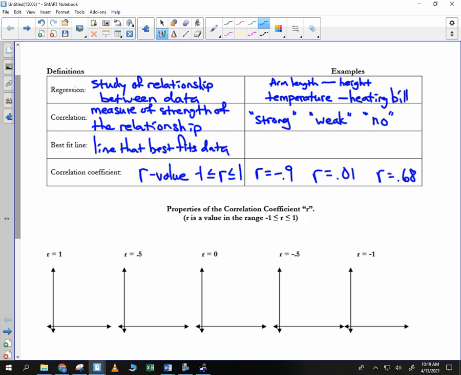Where does the correlation coefficient come from? It comes from looking at how well the best fit line fits the data. The best fit line is the line that best fits the data. We like to use it as a predictor.